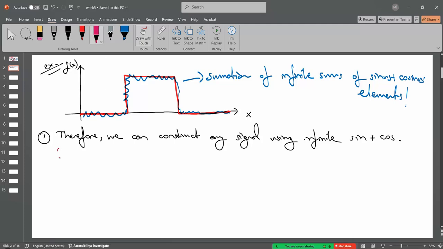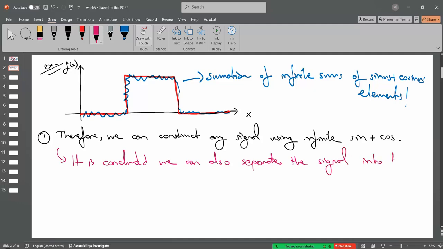And this can be concluded that we can also separate the signal into the frequency parts, okay? Which is enrichment, guys, okay?